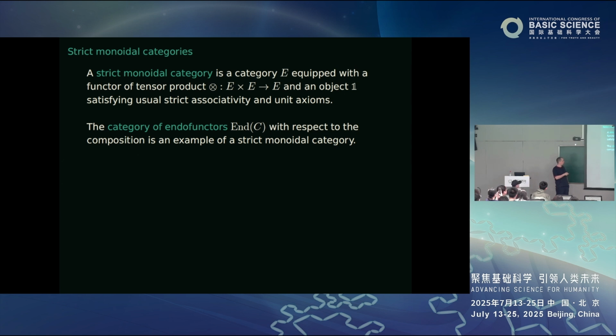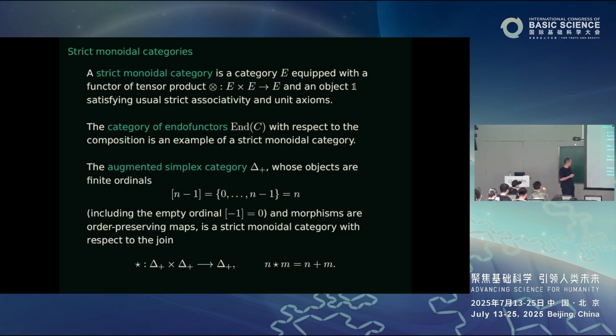Objects of this category are functors from C to C, and morphisms are natural transformations, and composition of functors from C to C defines the structure of a strict monoidal category. It is strictly associative, so we can speak only about strict monoidal categories.